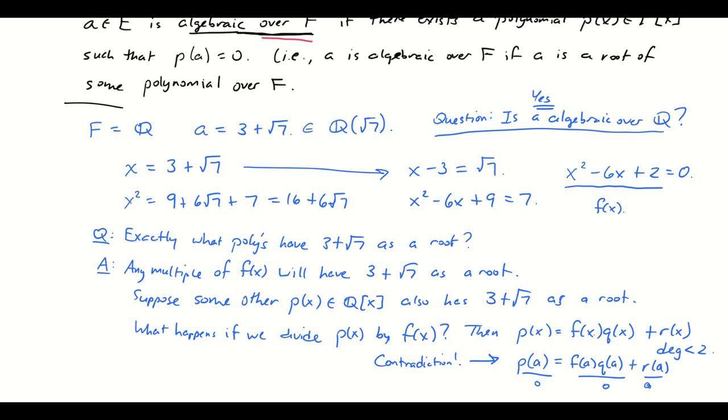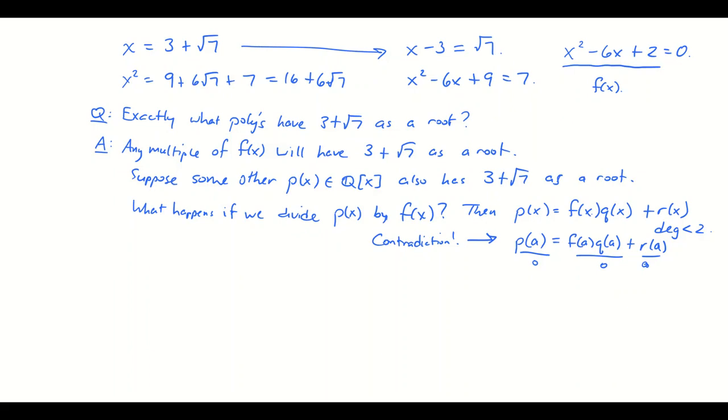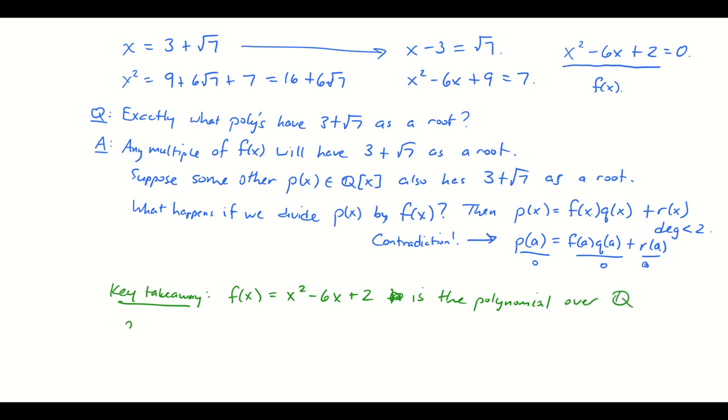All right, so the key takeaway here is that f of x equals x squared minus 6x plus 2 is the polynomial over Q of minimal degree, and I'm going to add here, the monic polynomial.